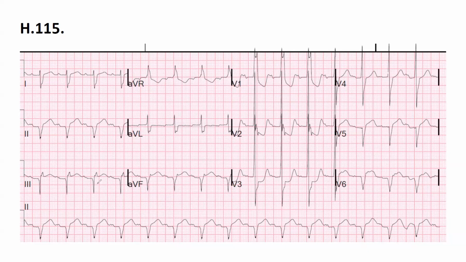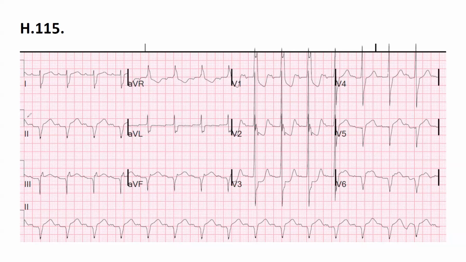This is one. Okay? Or you do see Q where you should not see Q, such as V2, V3, V4. Okay. That's it.